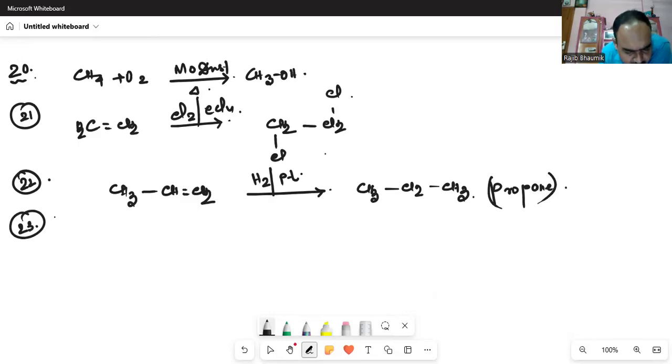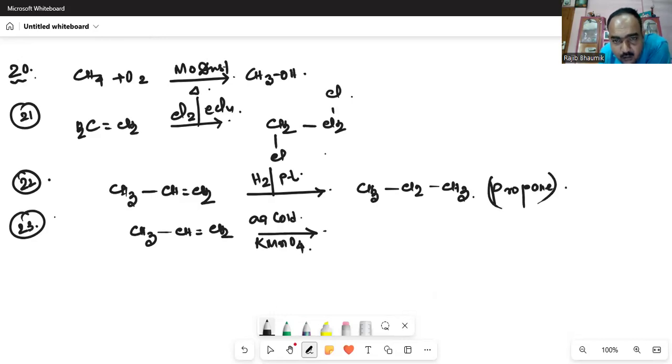Propene is treated with Baeyer's reagent. We have done it in the first reaction. Baeyer's reagent is aqueous cold KMnO4. So this will produce a diol, and the answer is like that: CH3CH(OH)CH2OH. You can write its name in two ways.